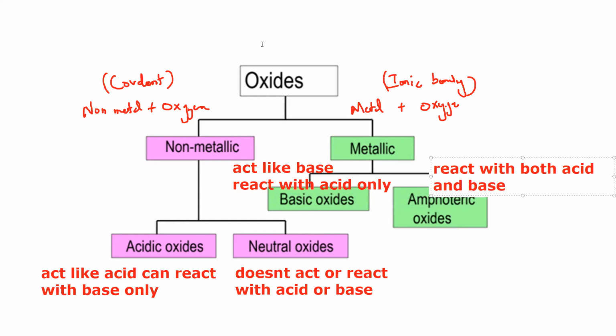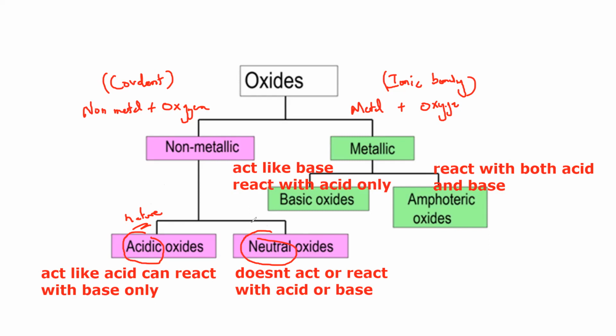So it is easy to remember. Acidic oxide means it has an acidic nature. Because acid can react with base, an acidic oxide can react with base, but it cannot react with acid. In the same way, neutral oxide, from the name you can identify, does not have any specific nature in terms of acidic or alkaline, so we call them neutral oxides, and they are neither acidic nor alkaline.